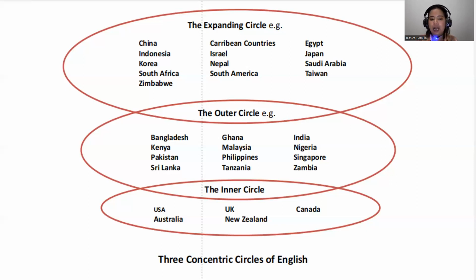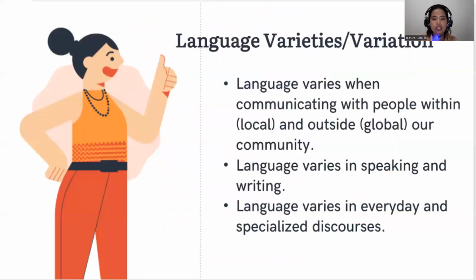So again, understanding the three concentric circles of English may help you understand the appropriateness of the variation of English and the type of register of English that you're going to utilize in any specific speaking situation. So let's move on.